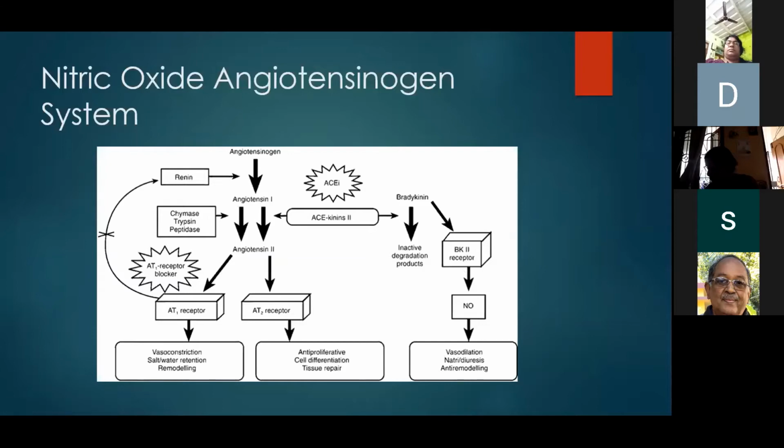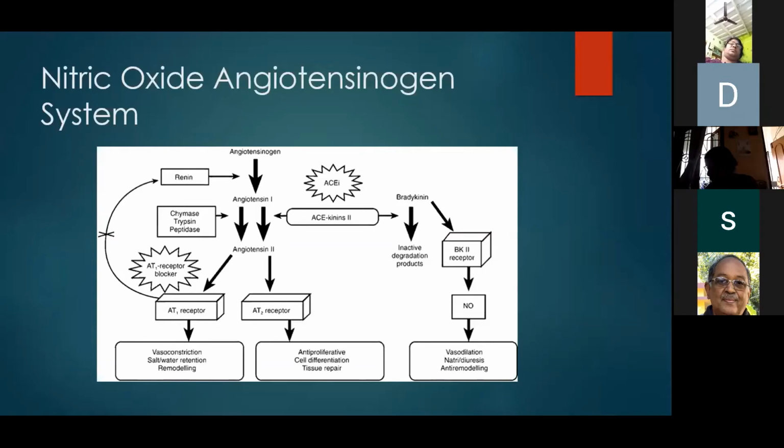So on one side you have endothelin 1, which is a vasoconstrictor. On the other side you have nitric oxide, which is a vasodilator. So vasodilatation, natriuresis, and anti-remodeling. The delicate balance of all these things is very important in maintaining the cardiac cycle. So nitric oxide, angiotensin interplay happens here.